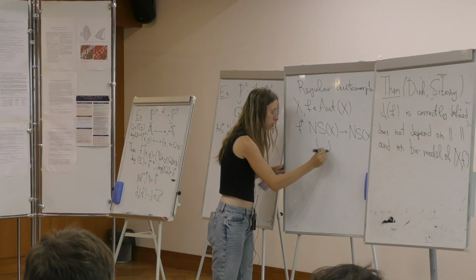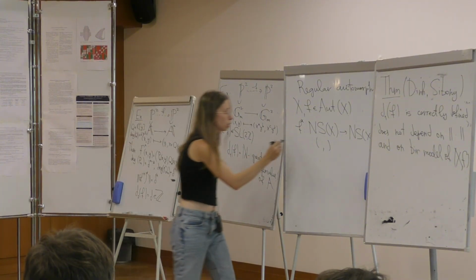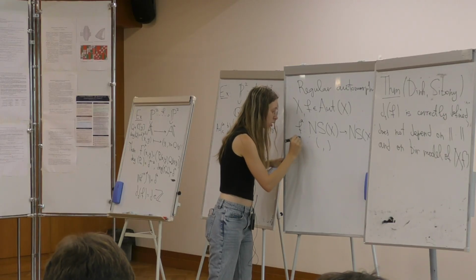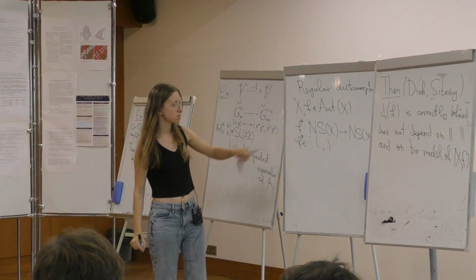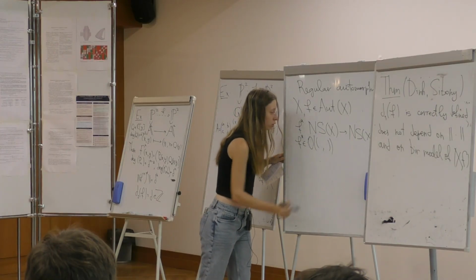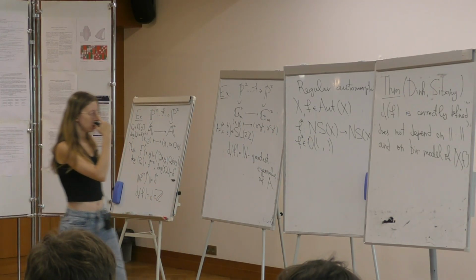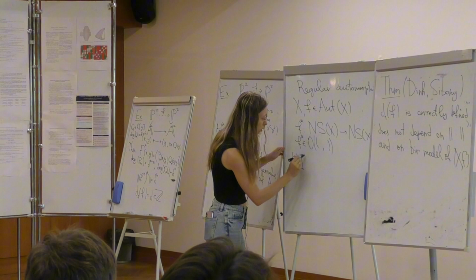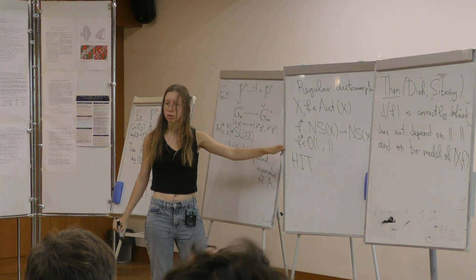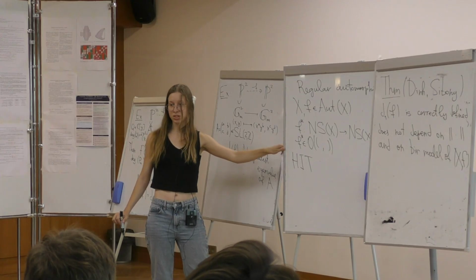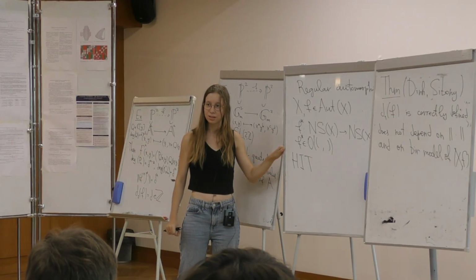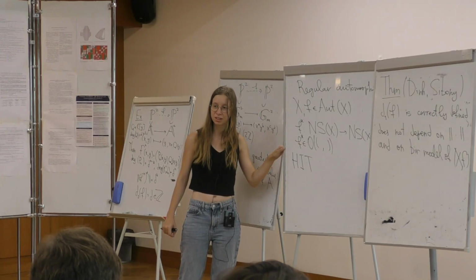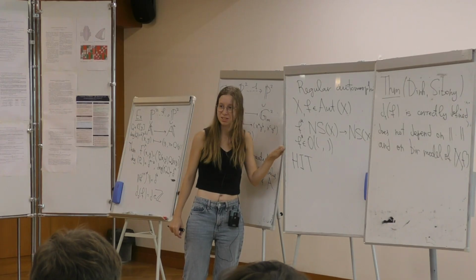Here we have a form, and we know that this inverse image lies in the orthogonal group with respect to this form. If your automorphism is regular, then you preserve the form.